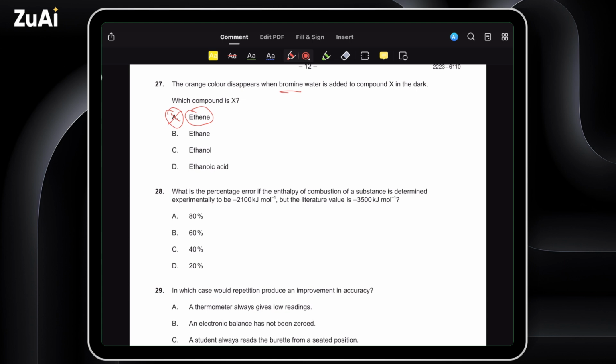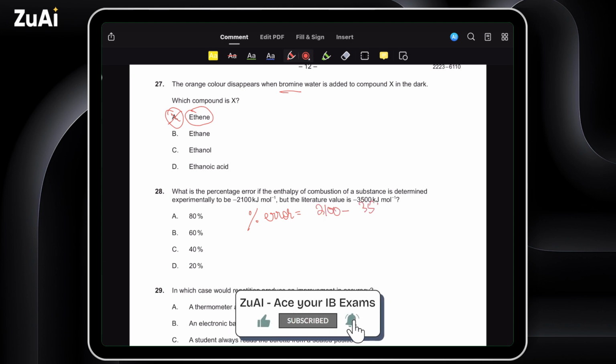There is the formula: the experimental value, 2100 minus 35, which is the literature value, divided by the literature value, multiplied by 100. So we'll get 40%.